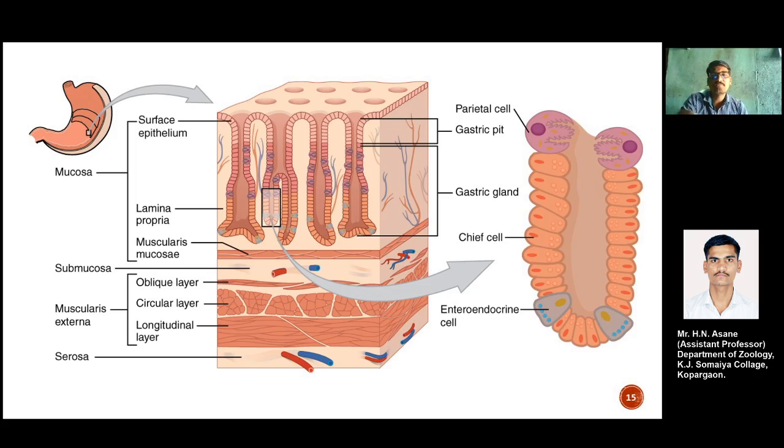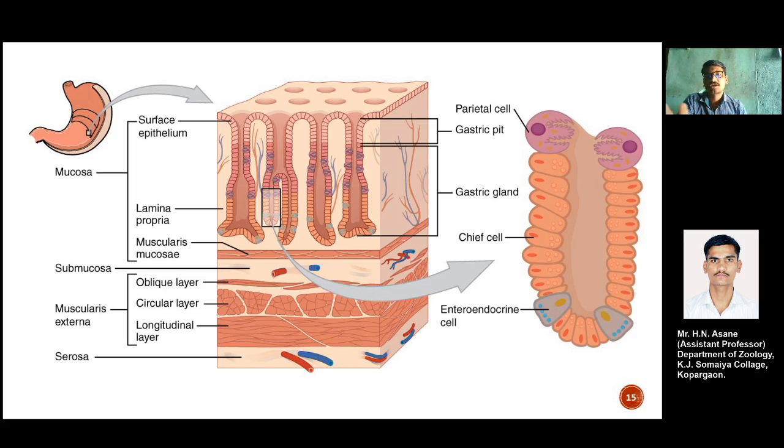The lamina propria region has the entire gut rugae, and those gut pit regions have cells that have the ability of secretion.